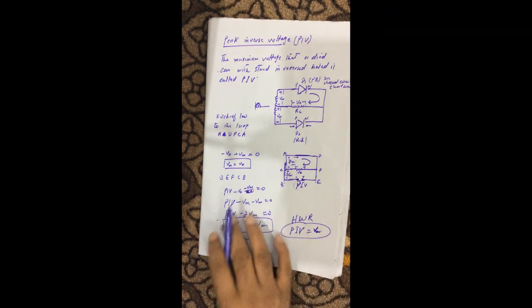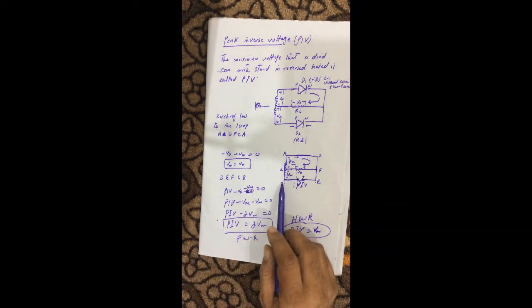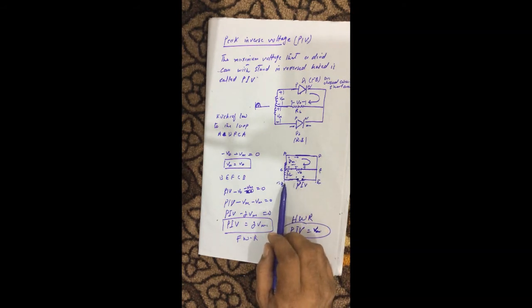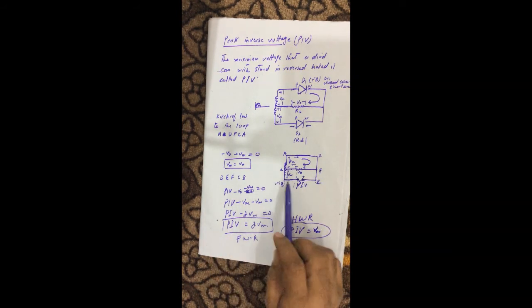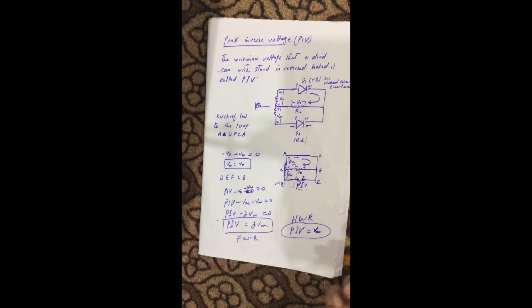I think I have to repeat this part again. We will apply the Kirchhoff law to the loop BEFCB. I am starting from B, going from negative to positive, so the PIV value should be positive. If we go from negative to positive, then we take it to be positive.